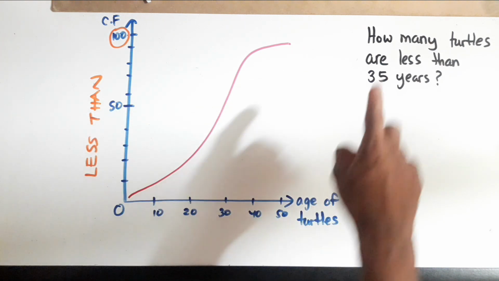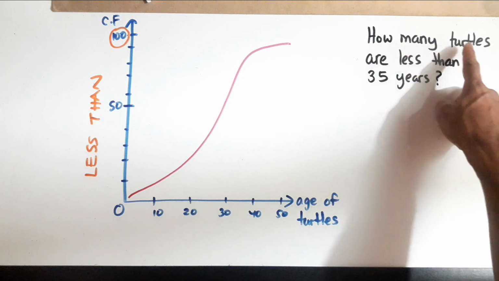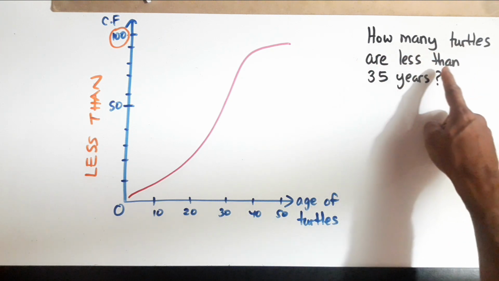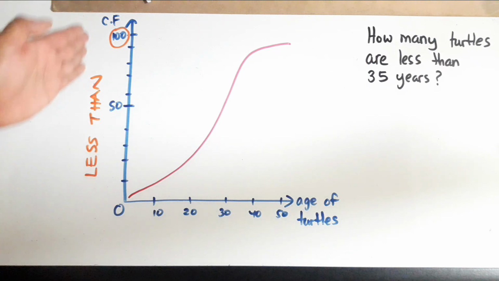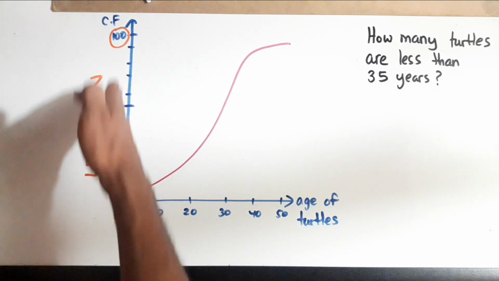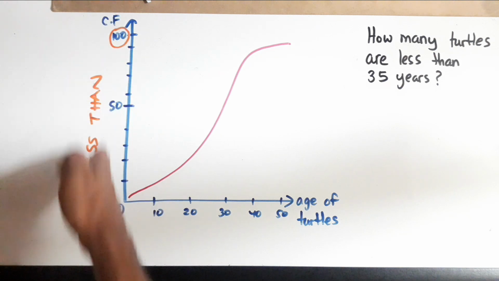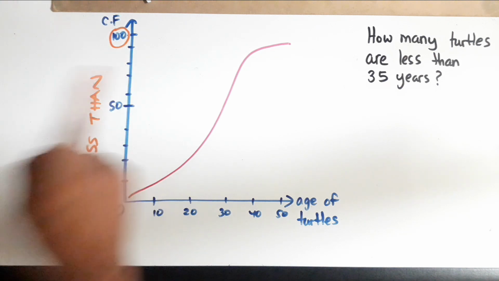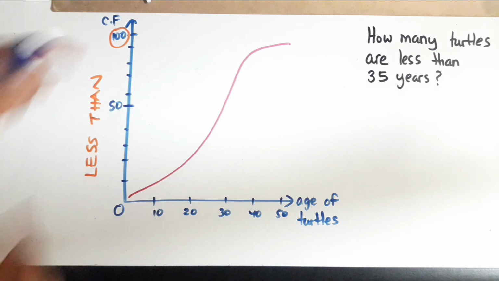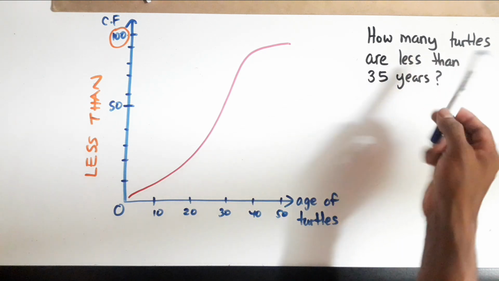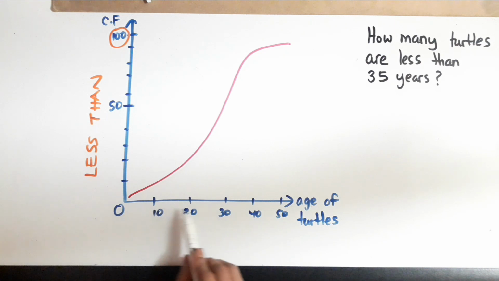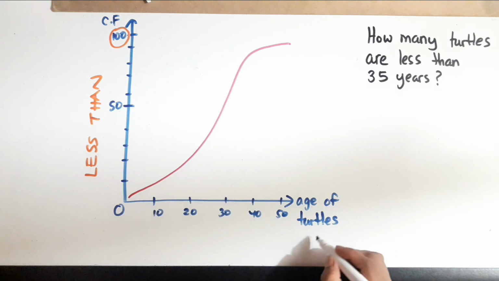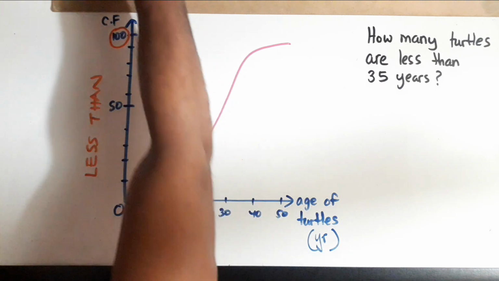Here's one of the questions. How many turtles are less than, keyword less than, 35 years? In a cumulative frequency, whenever you are reading a value off the y-axis, it only gives you less than information. That's why I have this note here. So to figure out how many turtles are less than 35 years, you look at the x-axis, because the x-axis tells you the age of the turtle in years. All we need to do is look for 35.